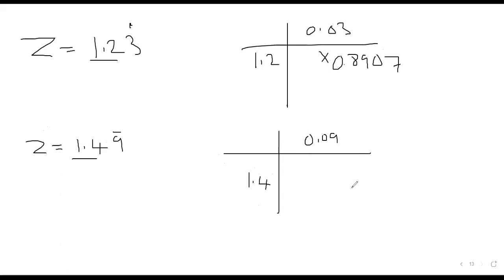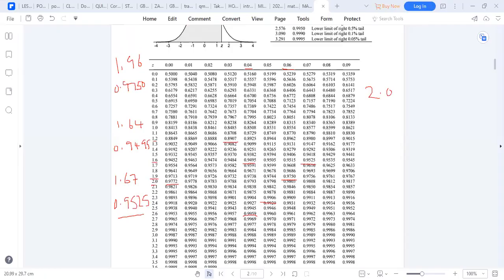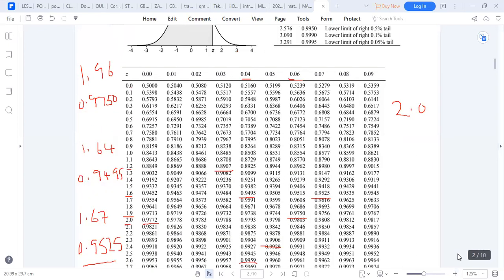So let's check where they're meeting. 1.4 and 0.09. Let's go to our table. So check for me 1.49. Where is it? What are we getting? We go under 1.4 and under 0.09.